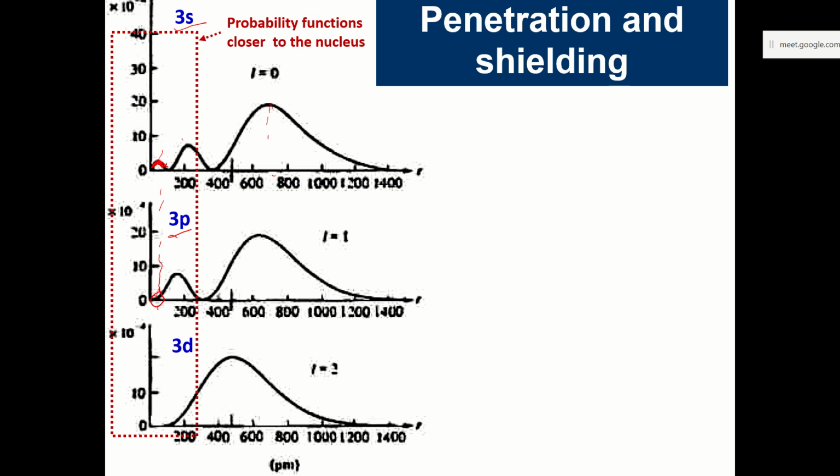So in the area closer to the nucleus, 3s has a much higher probability of being found. 3p has only one subnodal maxima, whereas 3s has two subnodal maxima.